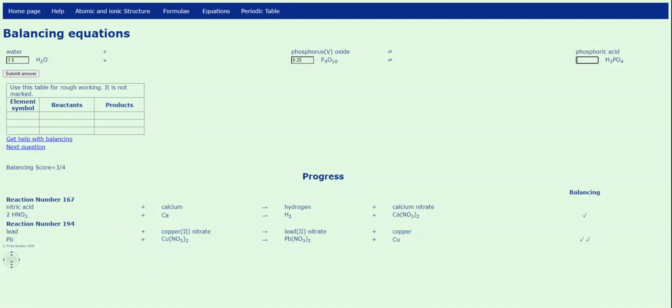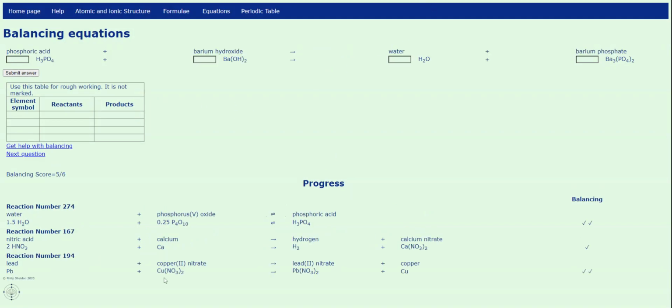No, that will be one of those. And if we submit that, if that's correct, it should accept that. So any multiple of a balanced equation is a balanced equation, and the website will recognize that. You wouldn't normally balance that equation in that particular way, but it's perfectly acceptable.